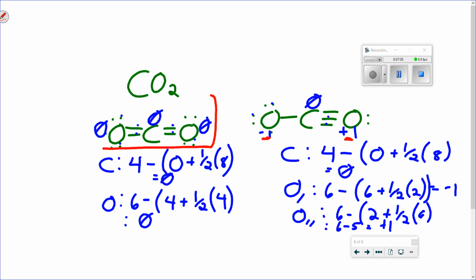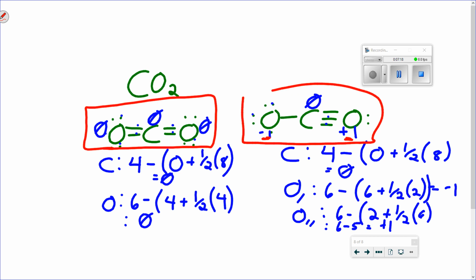Whereas in our typical carbon dioxide, all the charges already balance out. So, yep, valid resonance structure. You might find 0.1% of carbon dioxide looking like this in nature, but the majority will be this one because you don't have to balance out your charges. Hopefully that made a little bit of sense. Good luck.